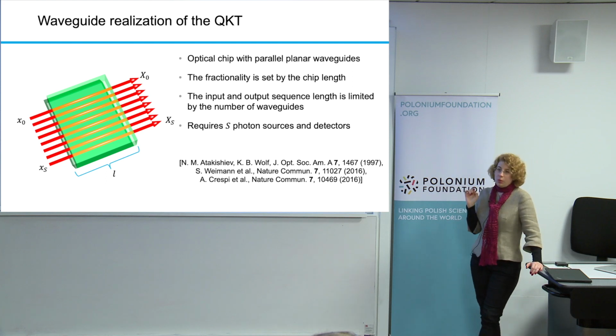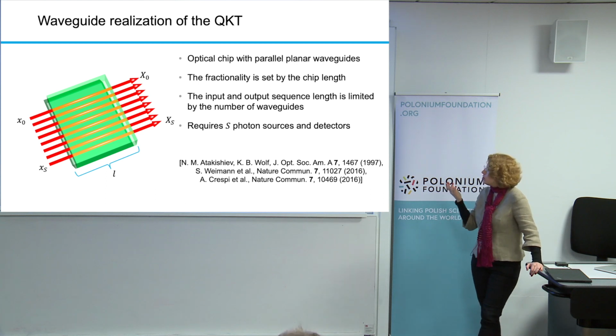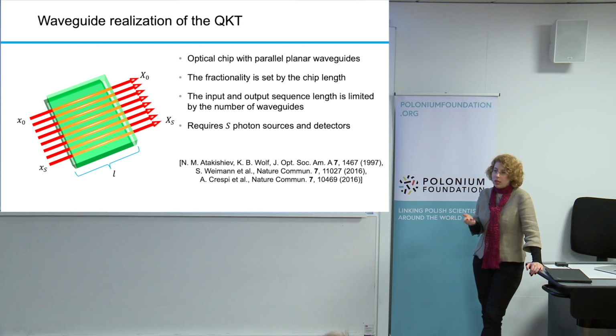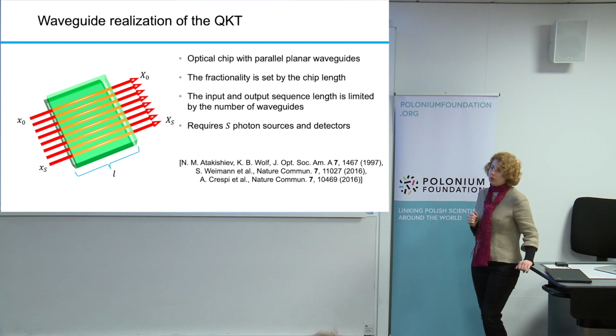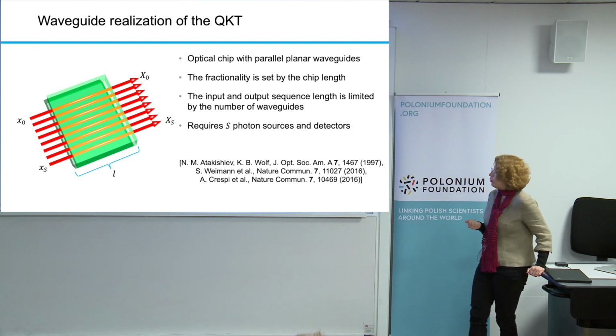To each of these inputs you inject a photon if you want to encode a sequence. So that employs S photon sources and S detectors behind it, and you have to know that the sequence will be of particular length, and you encode that you want particular fractionality to be performed.